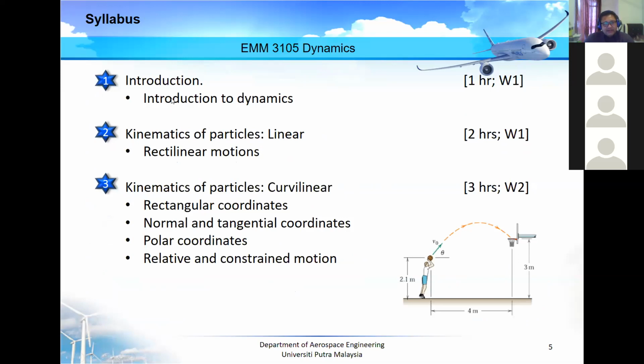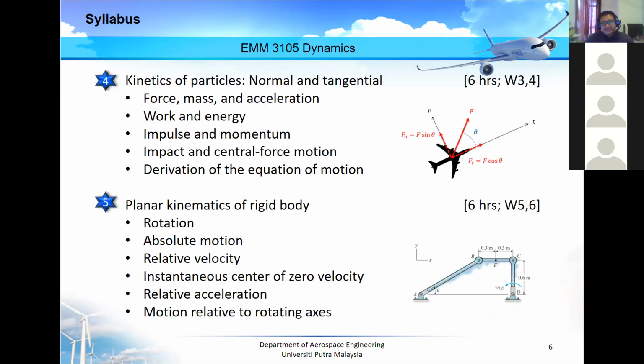There is more detail. For the introduction, of course, the introduction to dynamics, rectilinear motion next week. The following week is the kinematics of particle: rectangular coordinates, normal and tangential coordinates, polar coordinates, relative and constrained motion. It is one of the examples of something to do with dynamics.